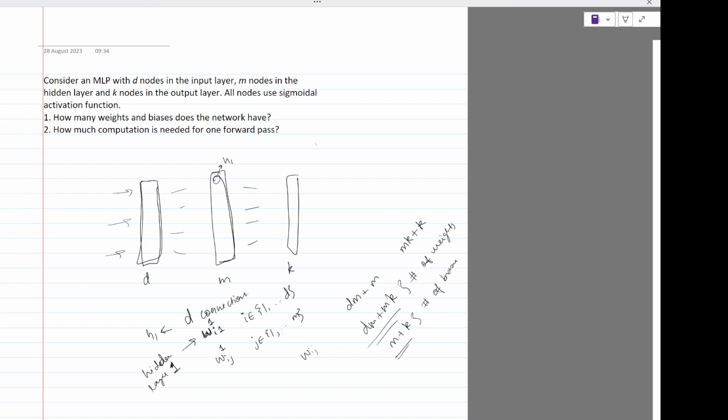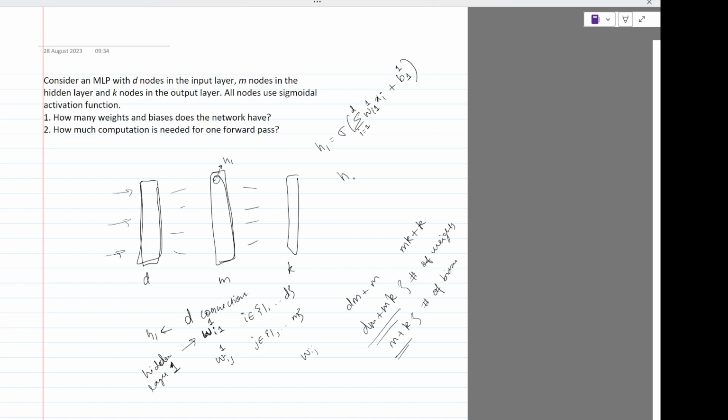Like for h1 computation you have sigma of summation w1i xi, i equal to 1 to d, plus b1 say. This is the bias, I can say superscript 1 bias for the first hidden layer, first node.